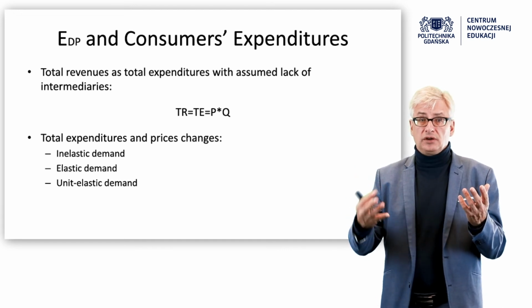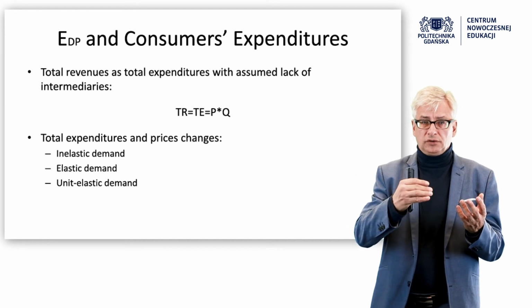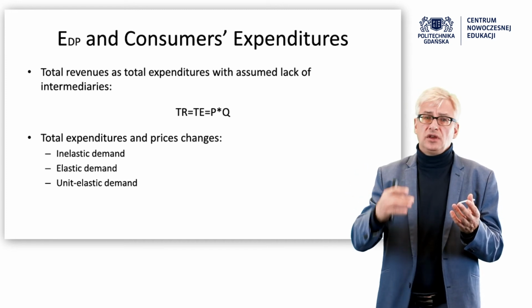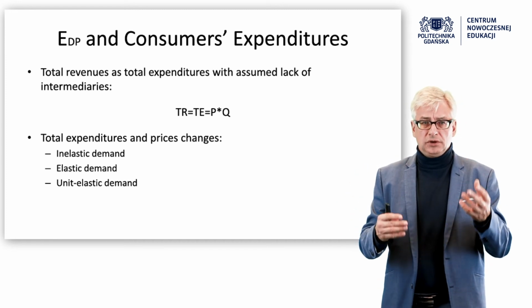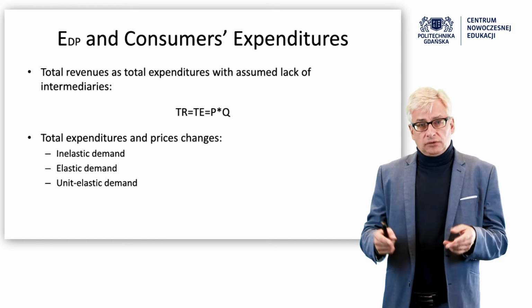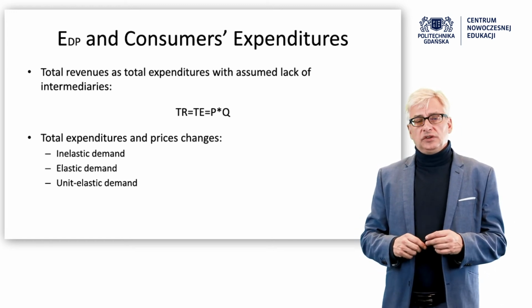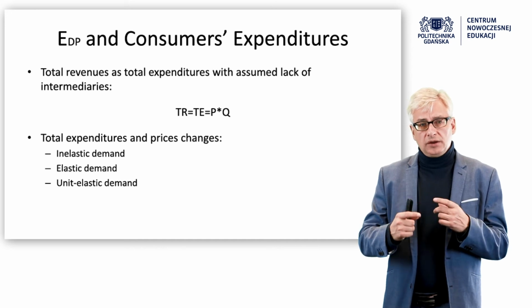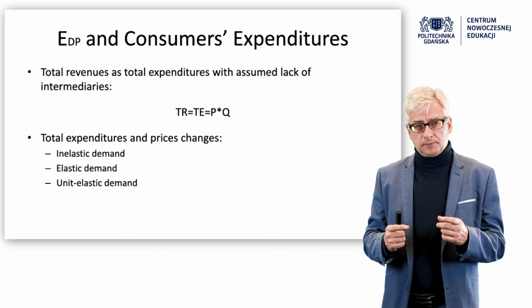This is money flowing from consumers, for whom these are expenditures, to businesses, for whom these are revenues. Those revenues or expenditures are price times quantity.